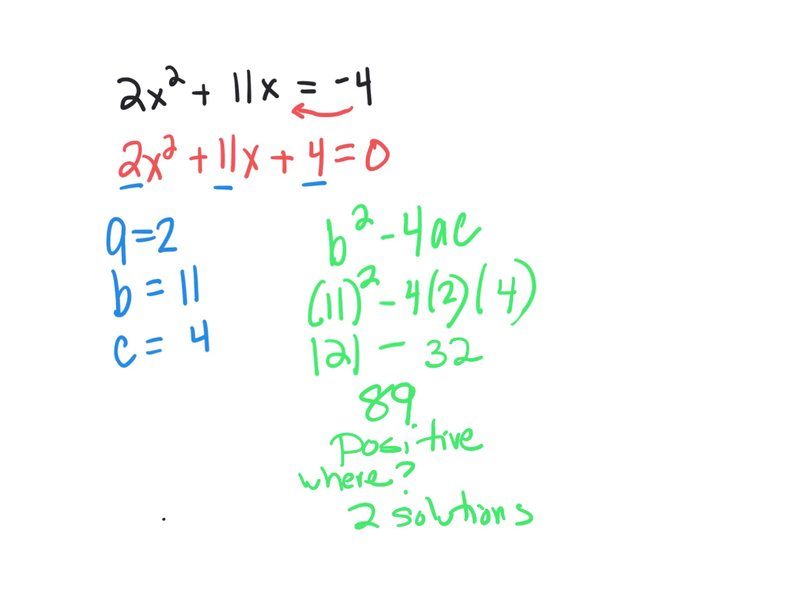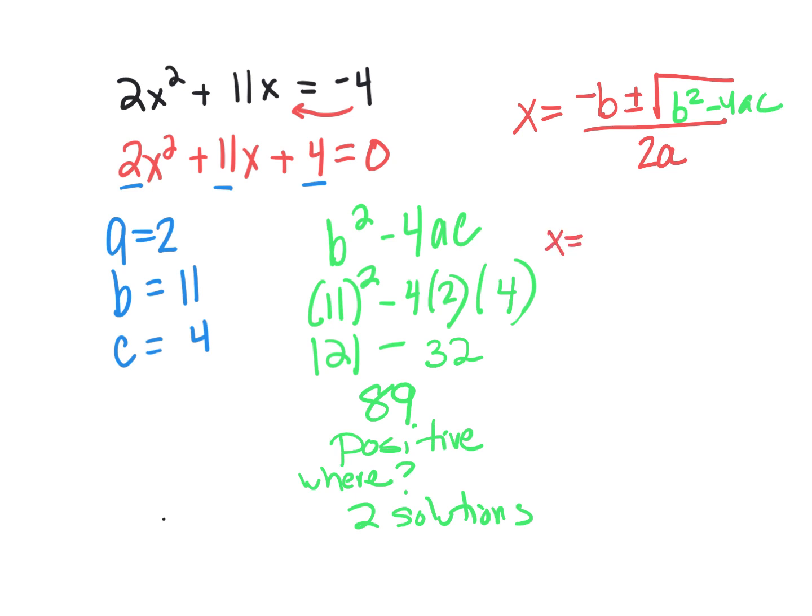So this is where I'm going to start my quadratic formula. Now, we might have this written down. If we don't, I'm going to write it up here. Notice that I left this blank because this is where the discriminant goes in. And so now I'm going to substitute in.